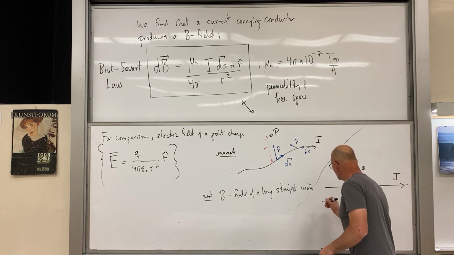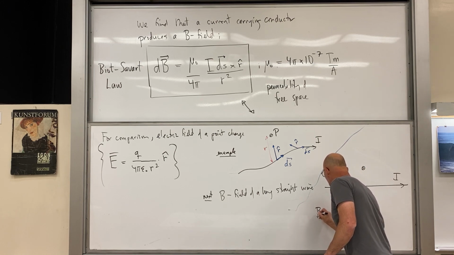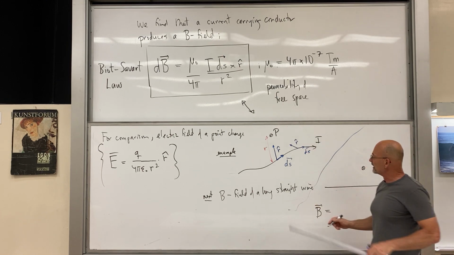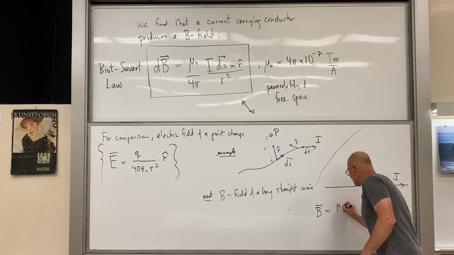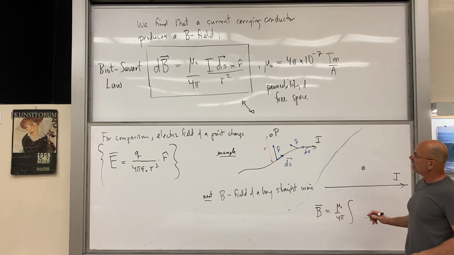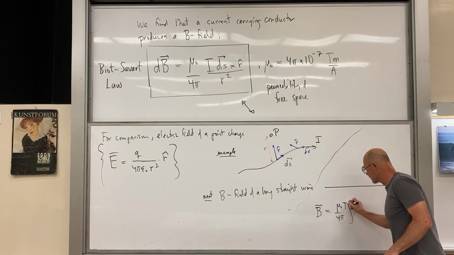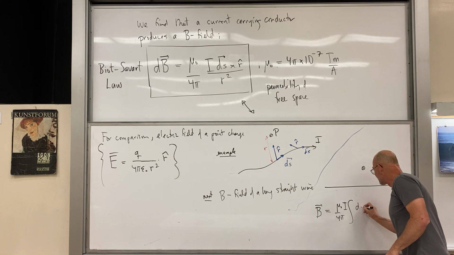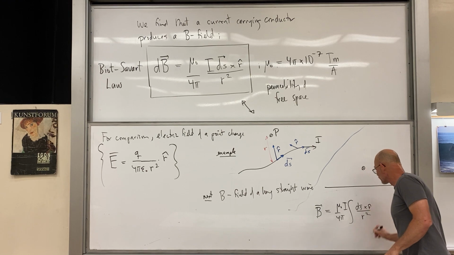So first of all, B is going to be the integral of all of these here. So we would have mu naught over 4 pi integral, and we've got I as well, which we can pull out. And then this ds cross R hat over R squared.